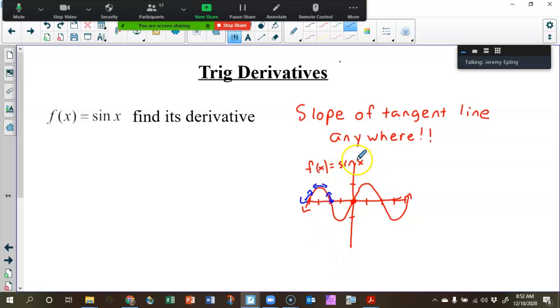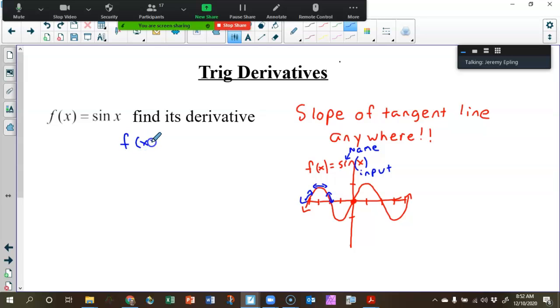Now, keep in mind when we have the sine of x, okay, this is our input. Sine is the name of our function. We don't have multiplication there. And so just a little reminder there for what it is that we're dealing with. Now, we want slope. We've done a lot of slopes.